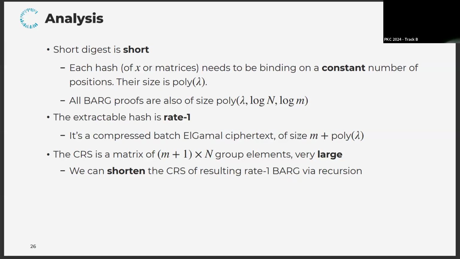But when we turn this into a rate 1 BARG, we will get a rate 1 BARG with large CRS, but we can shorten this by recursively computing BARGs. And so in the end, we will get a rate 1 BARG with short CRS.